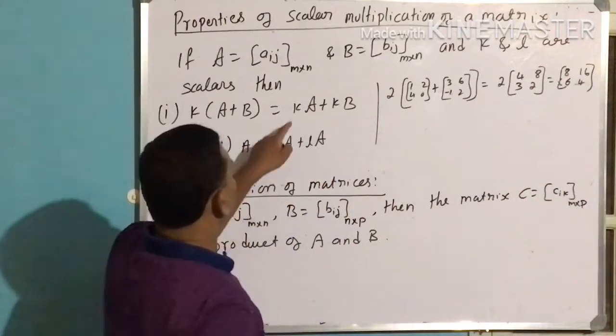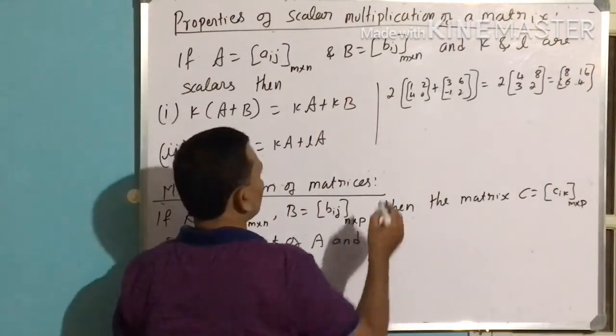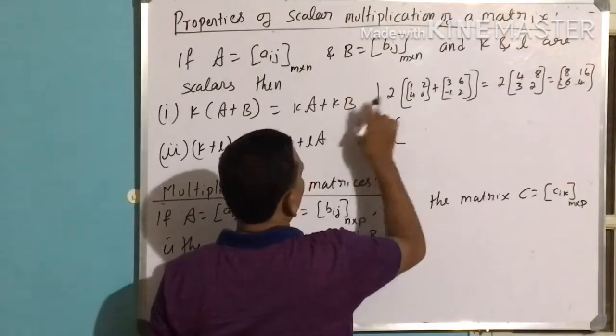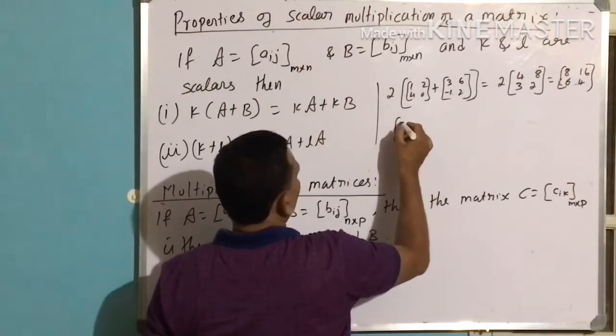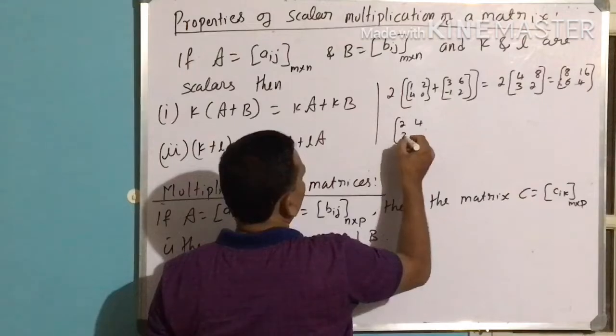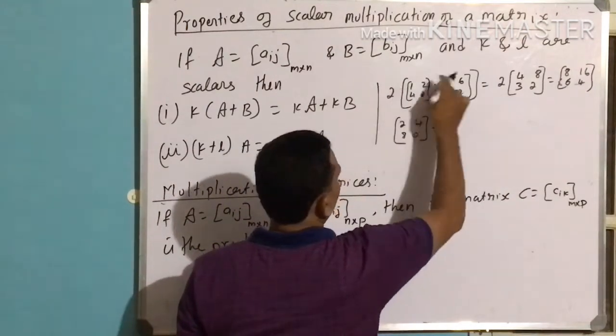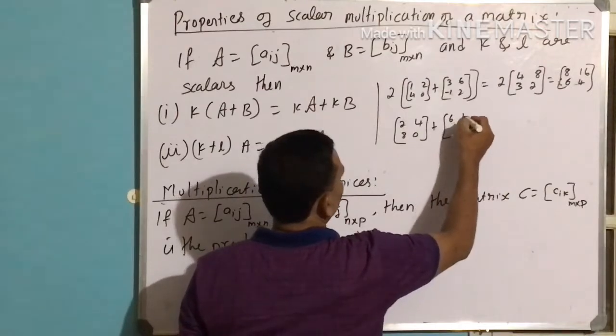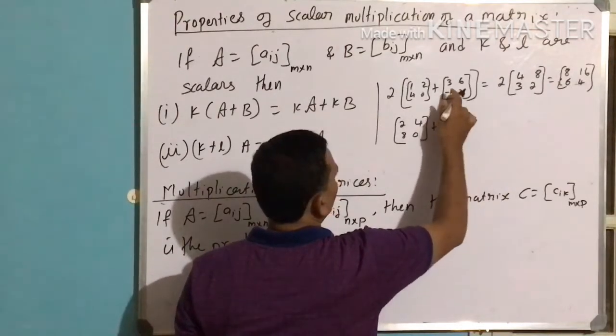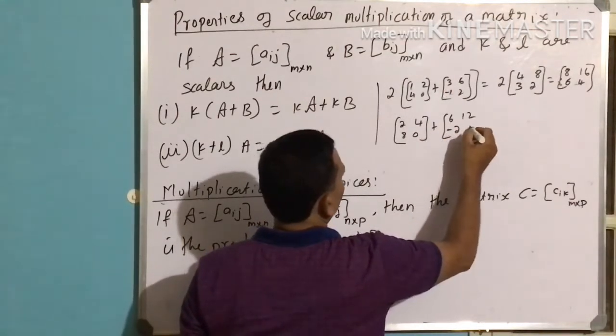Now we will see the other side, that is multiplying 2 to A, which gives you 2 4 8 0, plus, multiplying 2 individually to B, 6 12 minus 2 4.